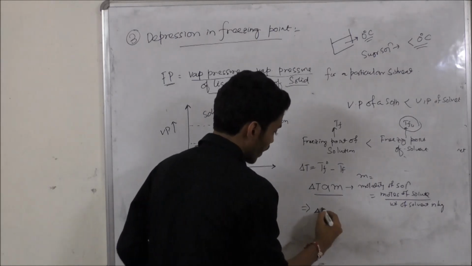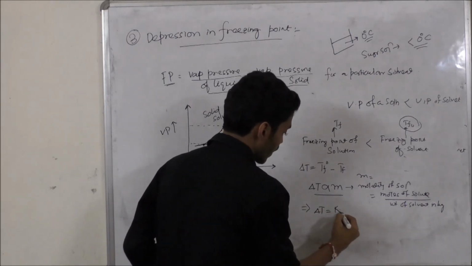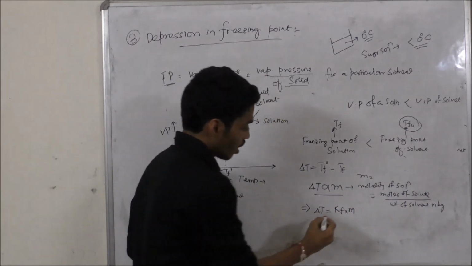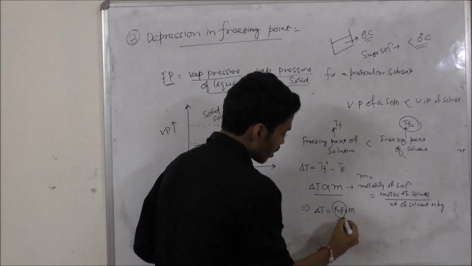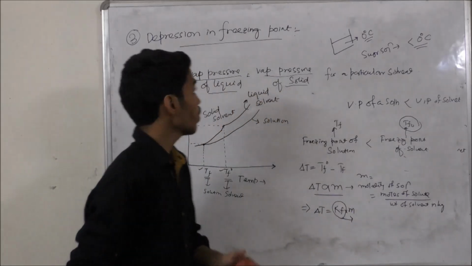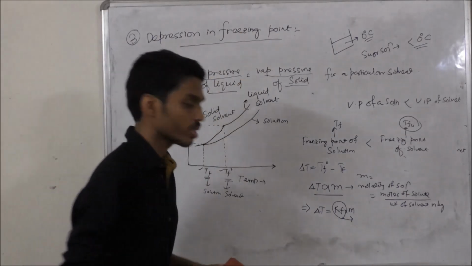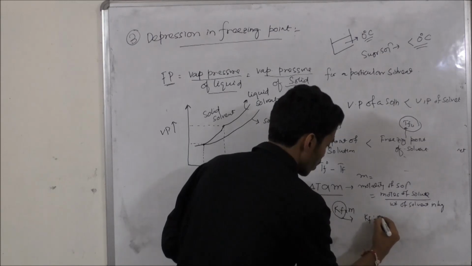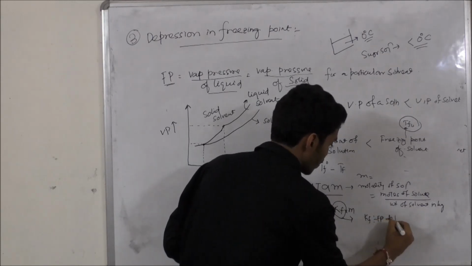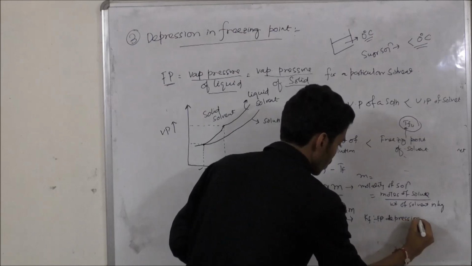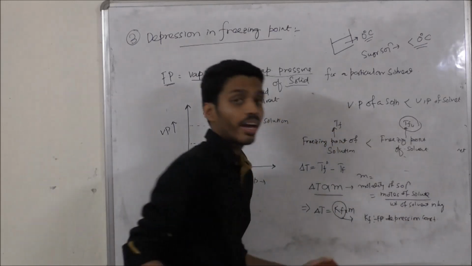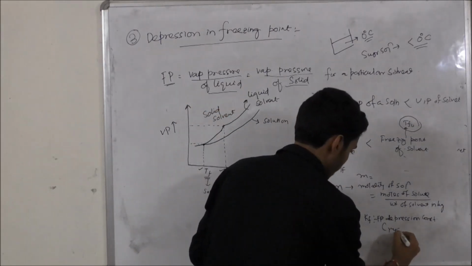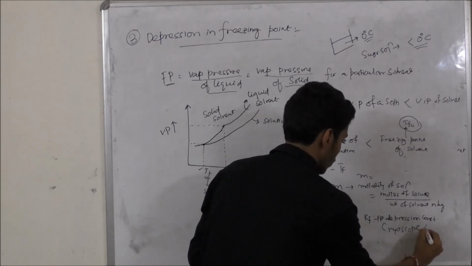Now delta T equals Kf m. Let's write it like this. Now this Kf is a constant known as the freezing point depression constant, or it is also called the cryoscopic constant.